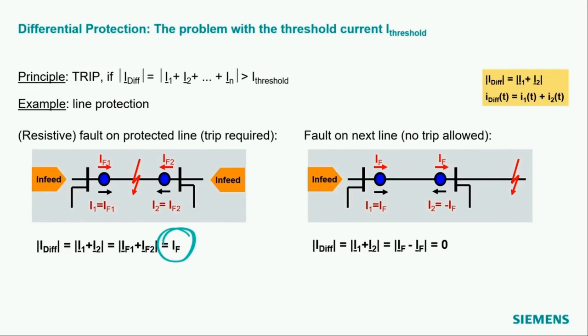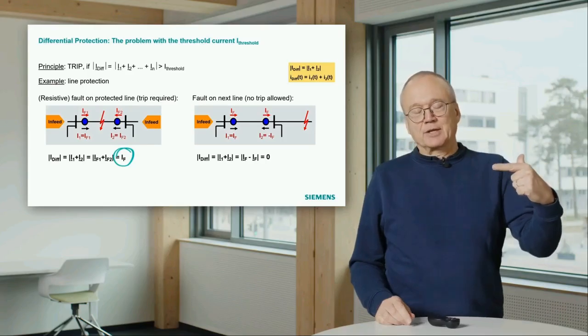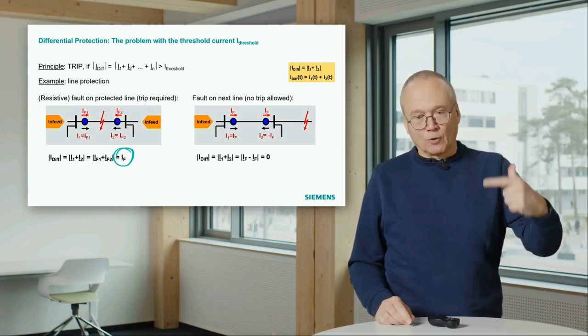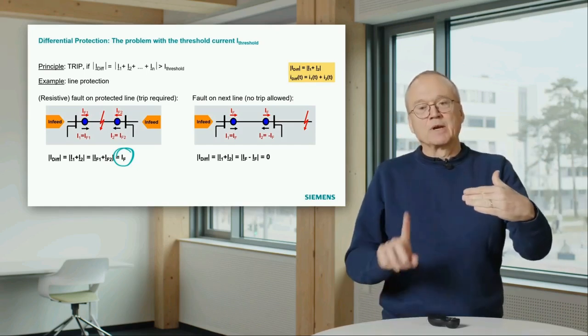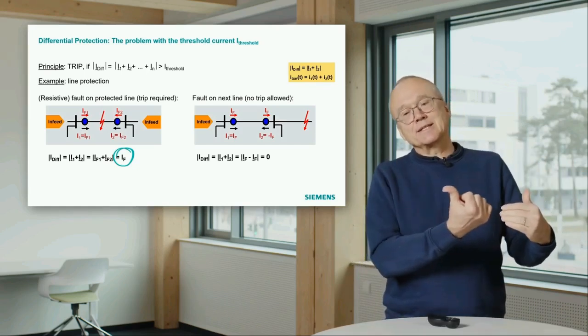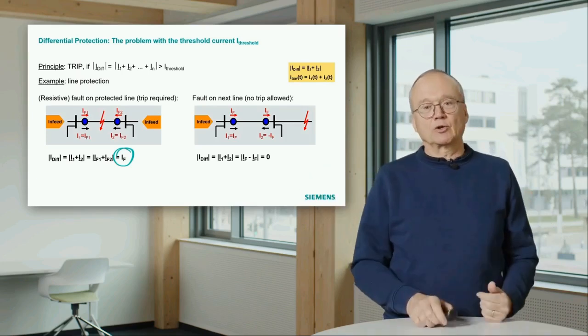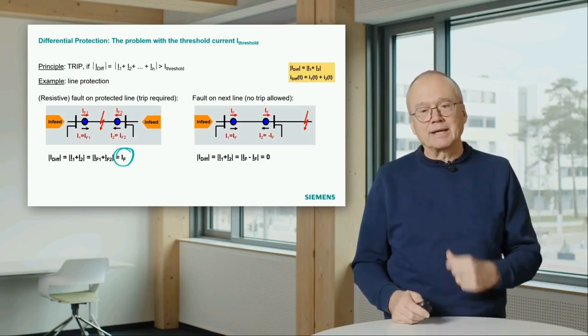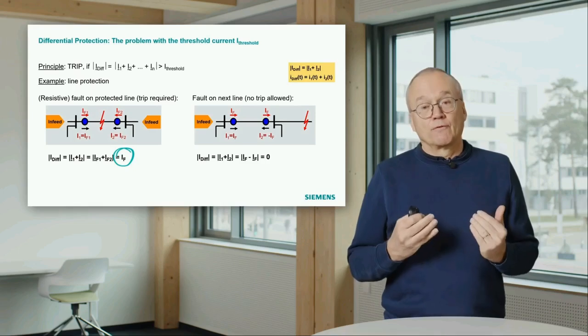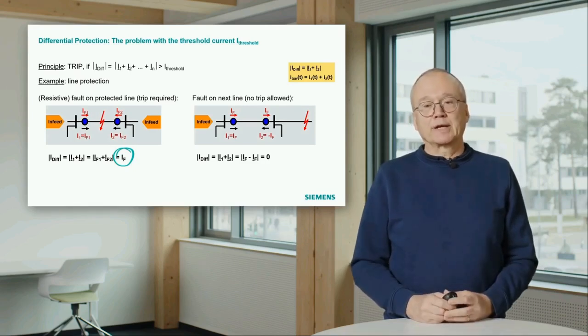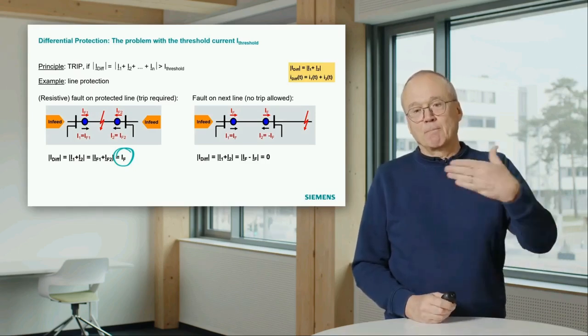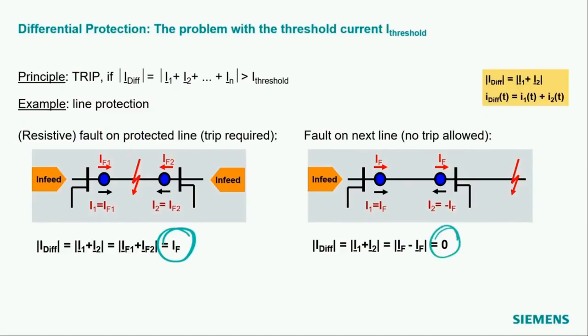That means on the left side, the current transformer sees a fault current, this through current. On the right side, it sees the same current flowing out of the line, so it sees minus IF. From that, we can calculate the differential current, IF minus IF, which is 0. No trip, that is fine.